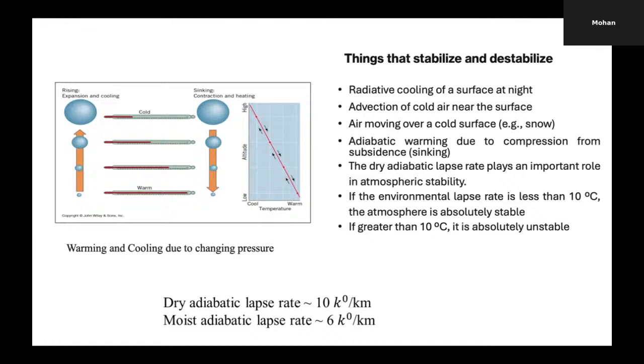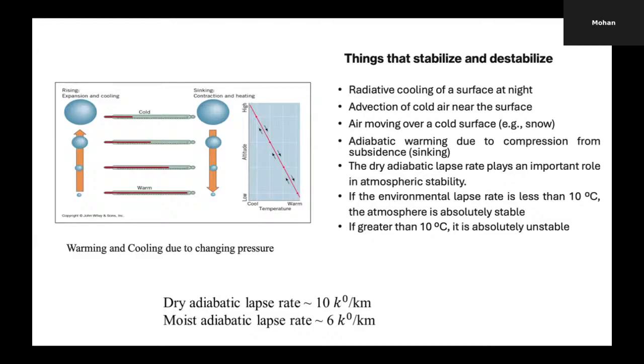The other one is the advection of cold air near the surface. Suppose the surface is there and some cold air is coming, that can also stabilize the atmosphere. Air moving over a cold surface, like warm air over snow, can also cause this kind of stabilization. Adiabatic warming due to compression, the sinking, can also stabilize.